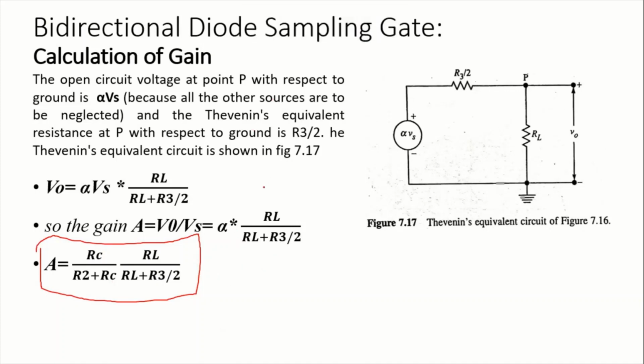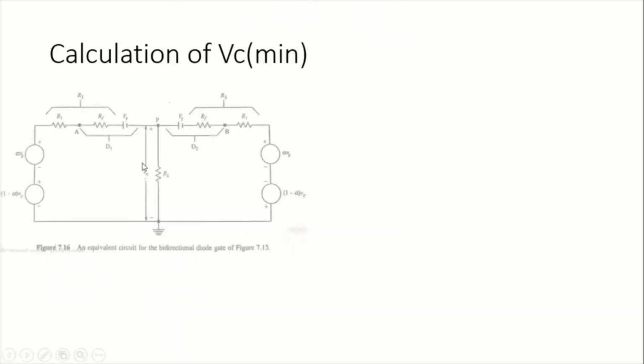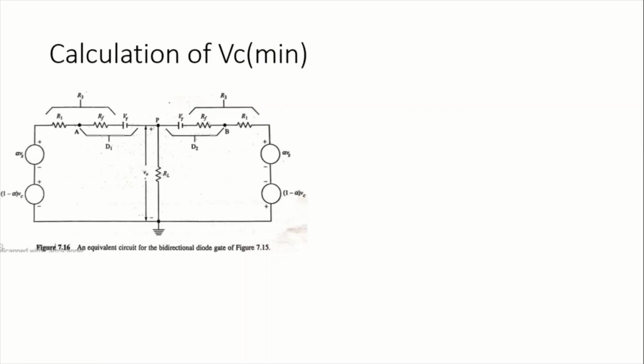Let us calculate the minimum value of control signal voltage required to keep both the diodes forward biased. Let us see how the minimum value of Vc can be calculated to keep both the diodes in forward bias and to make this circuit work as a bidirectional sampling gate.